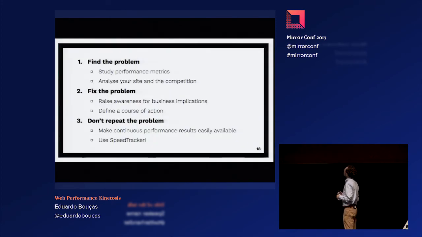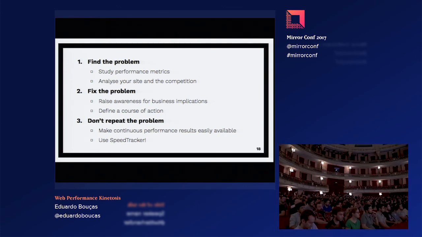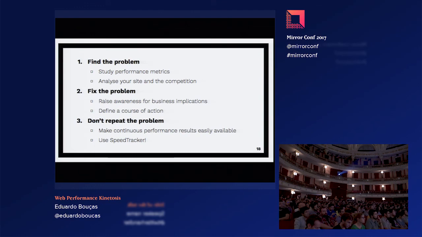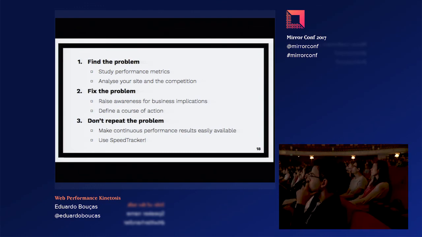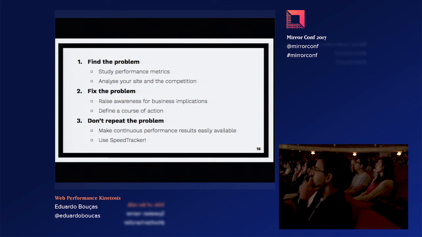So, quick summary. From my experience, what I find useful as a process is to, first of all, find your problem: study your performance metrics, study your website and your competitors' websites. Look into fixing the problem, so define a course of action in technical terms of what you need to do exactly to address your problems.